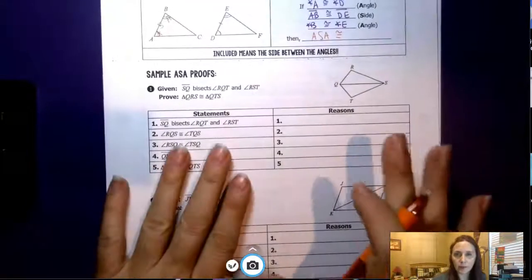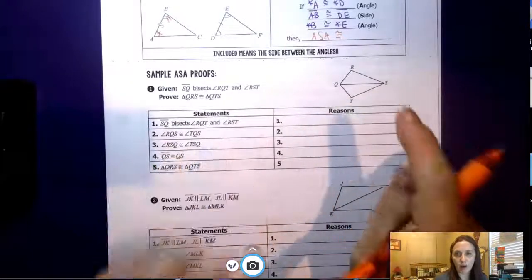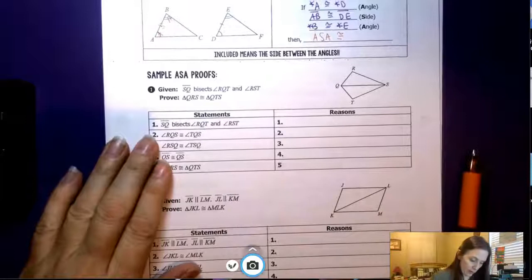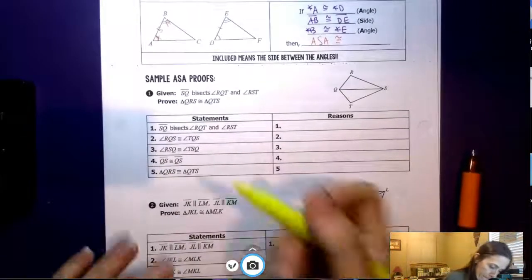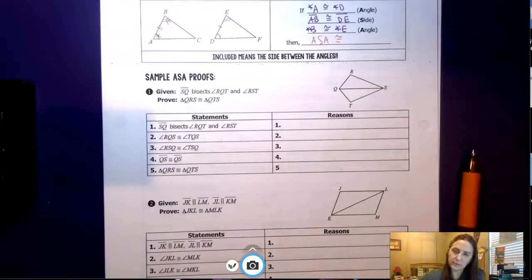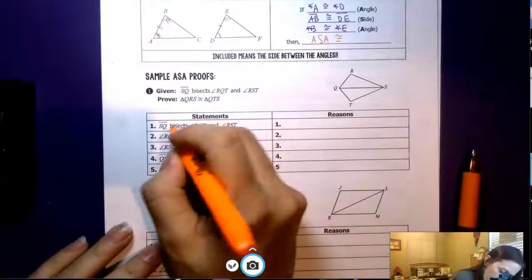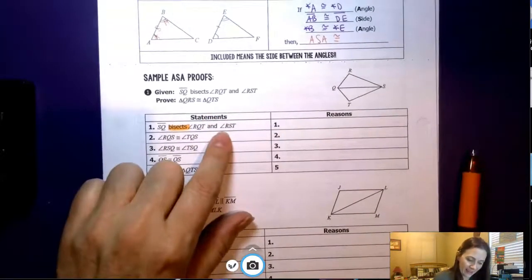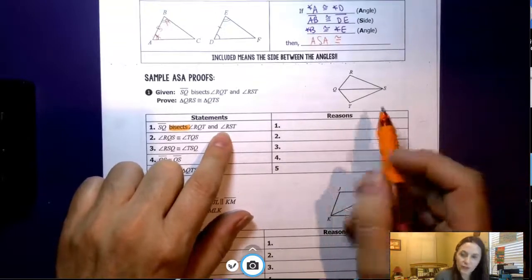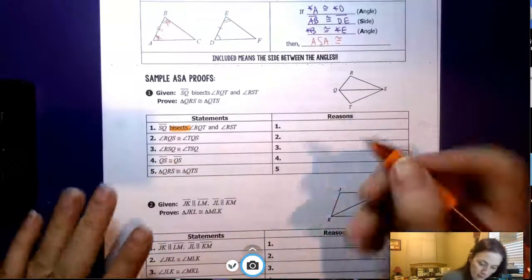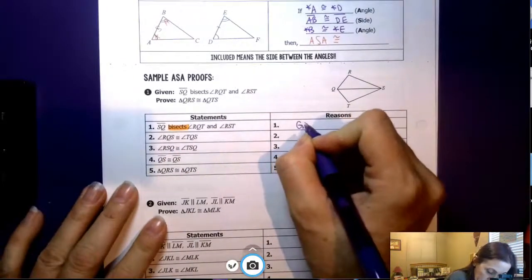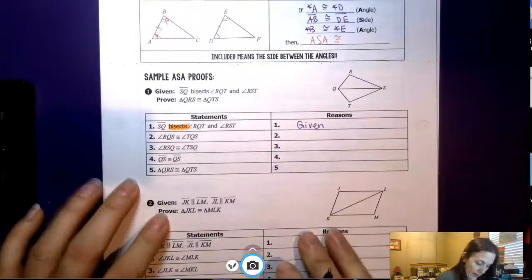Every time I go through a proof, I make sure to mark on my diagram. So the first thing, SQ bisects angle RQT and angle RST. So if it bisects that, well, first that's given information. I can say I know that because it's given to me.